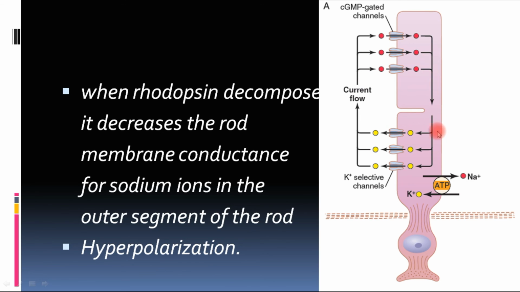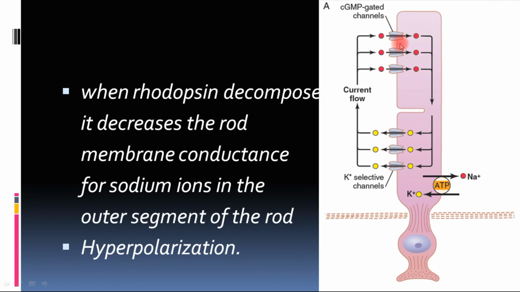As you can see, in the case of dark, when there is no light coming to the rods, the current flow is maintaining the membrane potential at -40 millivolts, and this is because of the continuous flow through these channels: the sodium potassium ATPase, the potassium leaky channels, and the cyclic GMP gated sodium channels.